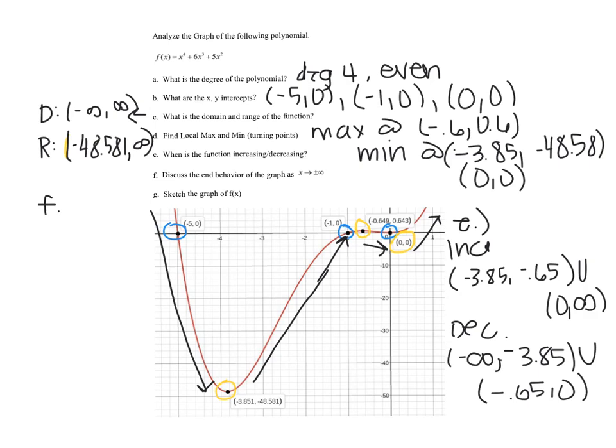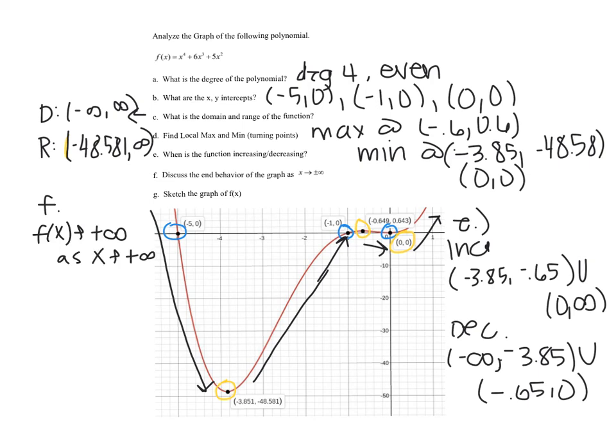So if I were to zoom out on this graph to look at the ends, as x is approaching positive infinity, or getting more and more positive, the end of my graph is also doing the same thing, which means the function f of x is approaching positive infinity as x approaches positive infinity.